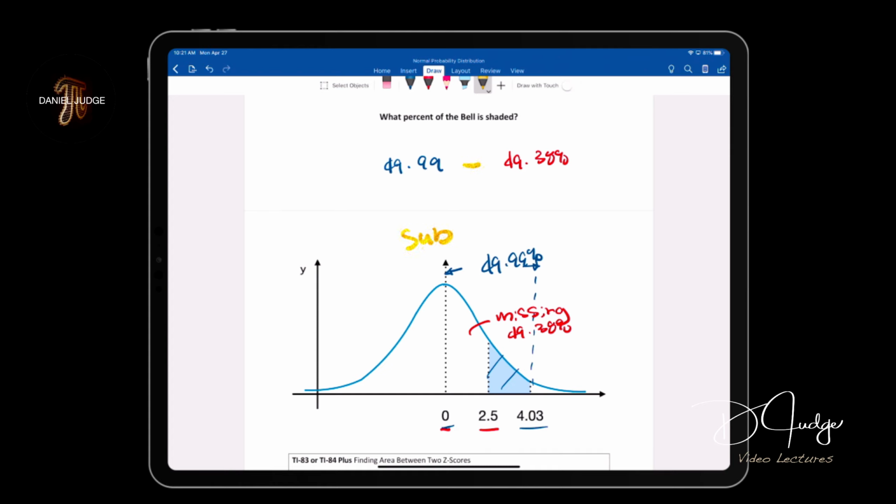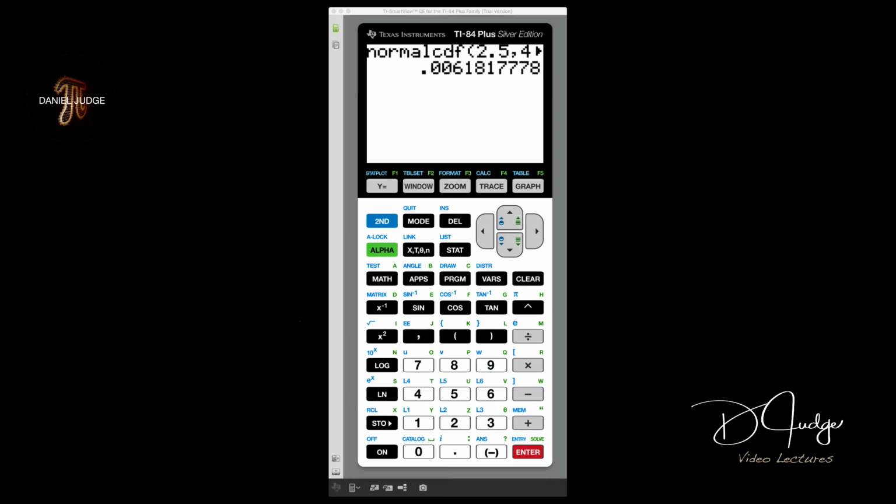Remember, you subtract here. 49.99 minus 49.38 because it is missing. It's gone. So on the TI, 49.99 minus 49.38%, we get 0.61.